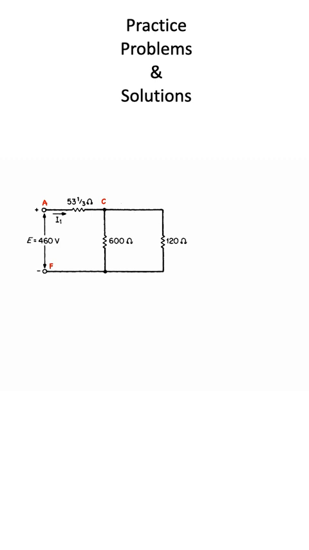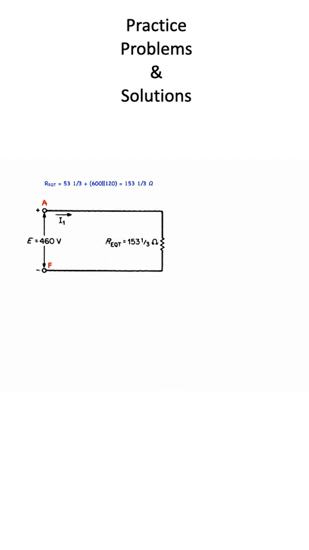The final or total equivalent resistance is REQT, which is equal to 53 1/3 plus the parallel resistance of 600 and 120 ohms in parallel, which equals 153 1/3 ohms, giving the final equivalent circuit that can be represented like this. And we compute the total line current using Ohm's law.